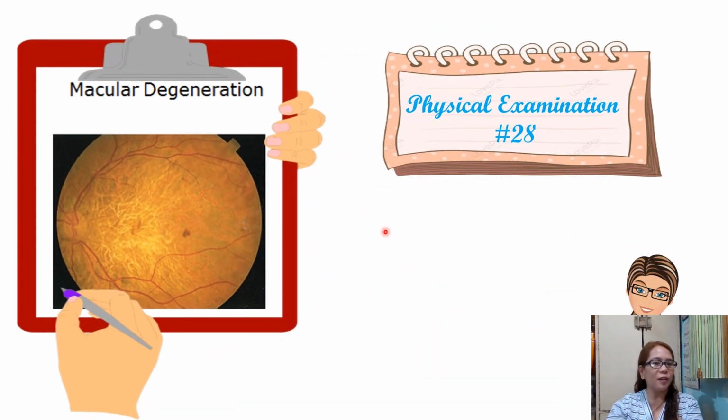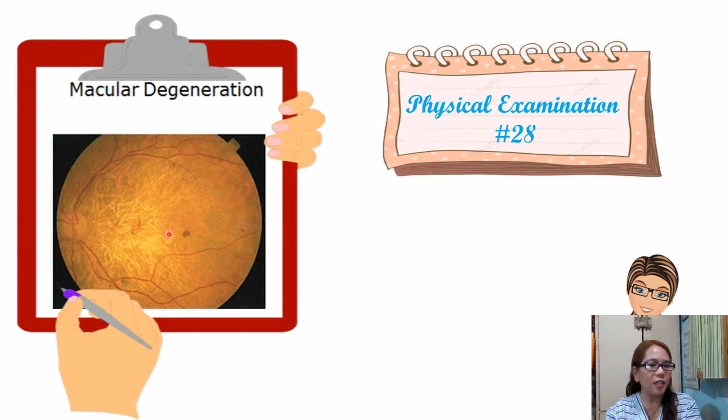Okay, let's move on to another finding of the internal structure of the eyes in the macula. We have what we call the macular degeneration. So look at the presentation of macular degeneration. This is also known as age-related macular degeneration, or AMD or ARMD.